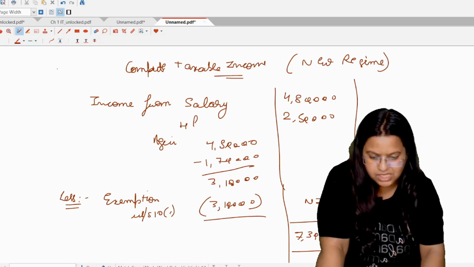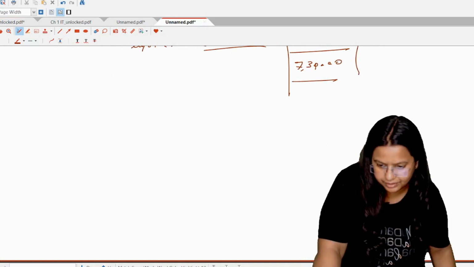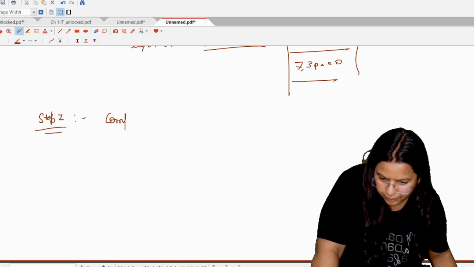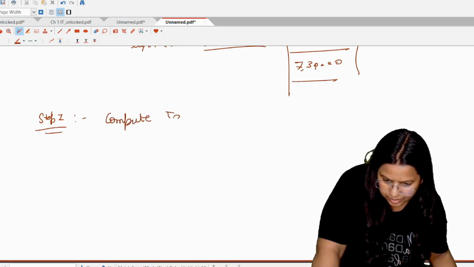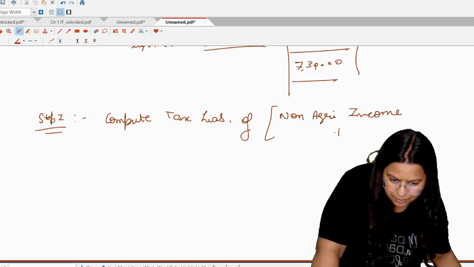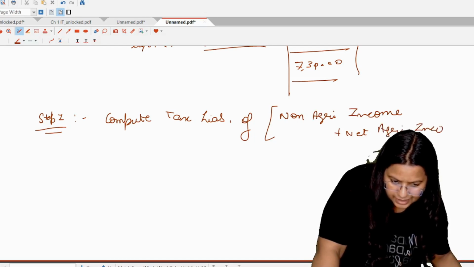Now, in the first part, we have computed the total income. Now the partial integration method will be started. That is step number 1. In step number 1, we have to compute the tax liability of non-agricultural income plus net agricultural income.